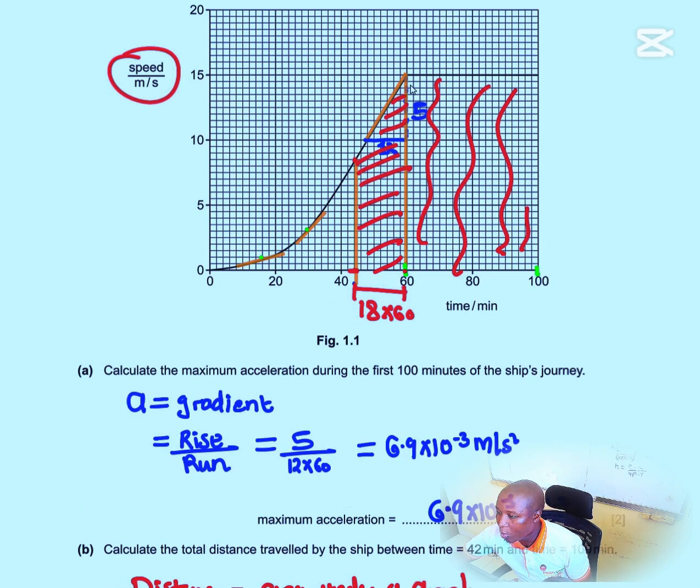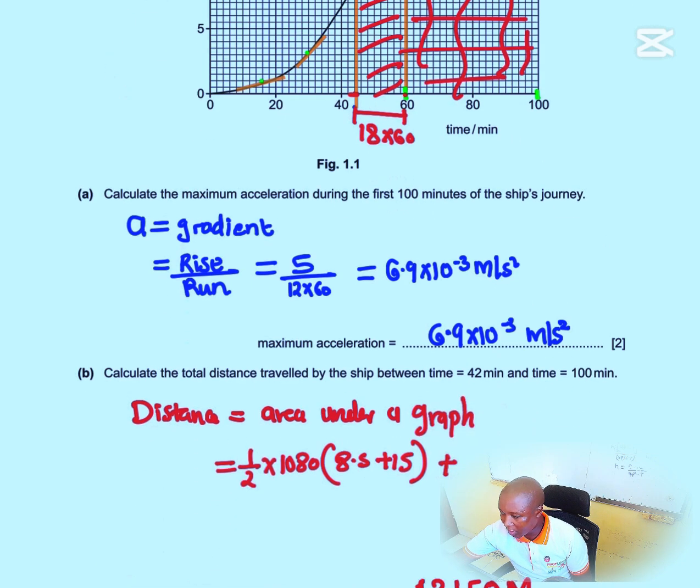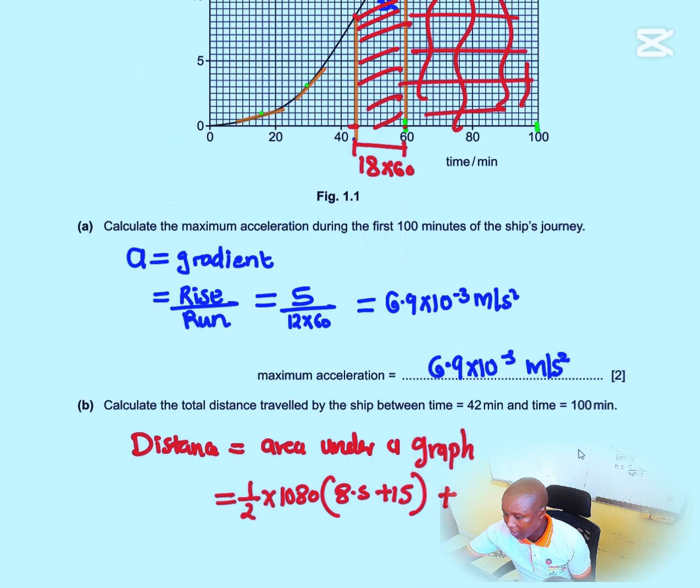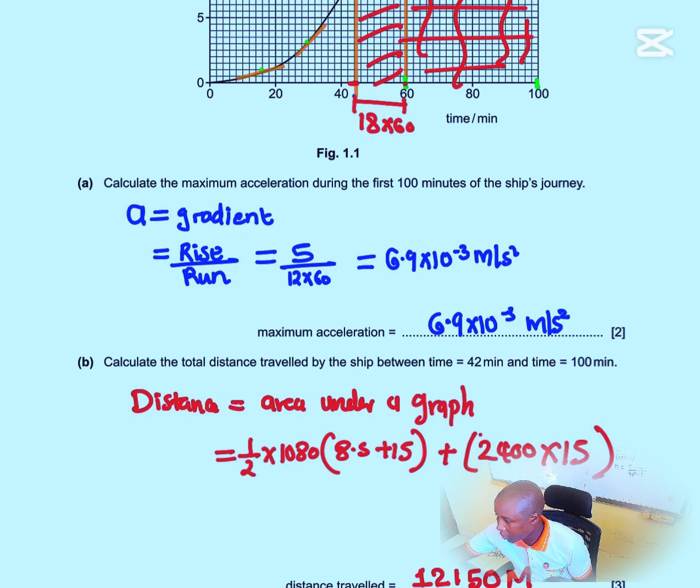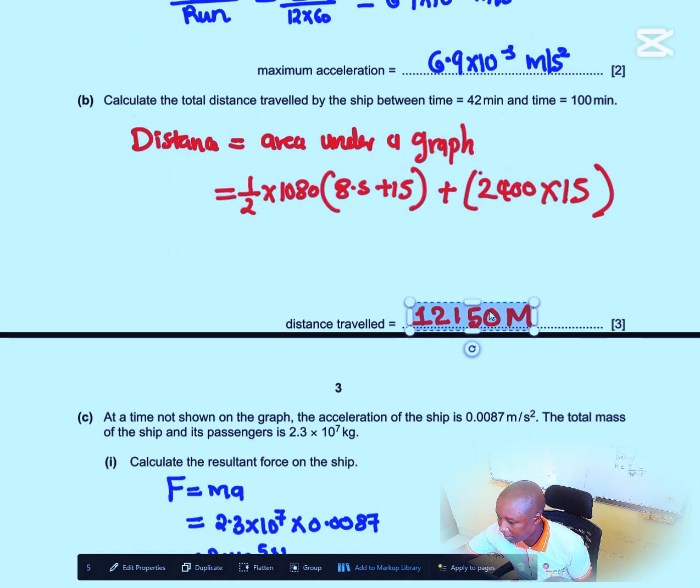Plus, now we work out the area of the rectangle that we have here. So that's going to be 60 to 100, that is actually 40. And then the height is 15, so that is going to be 40 times 60, which is 2400, times 15.